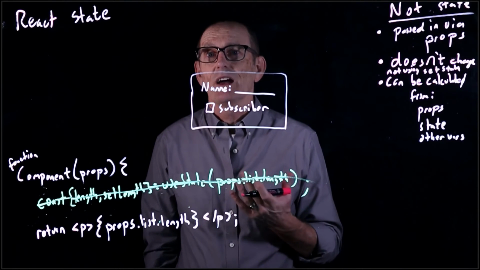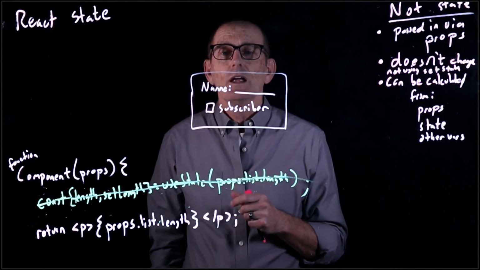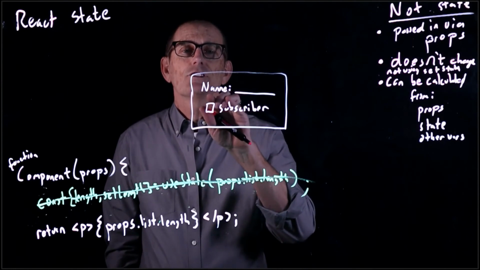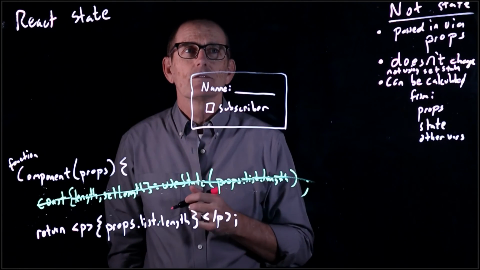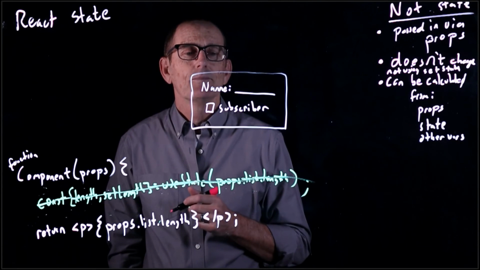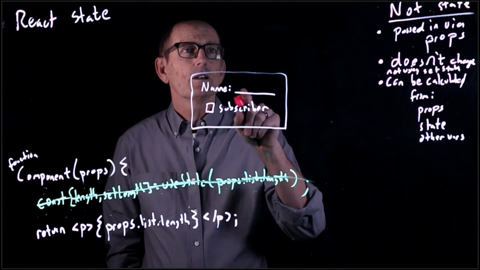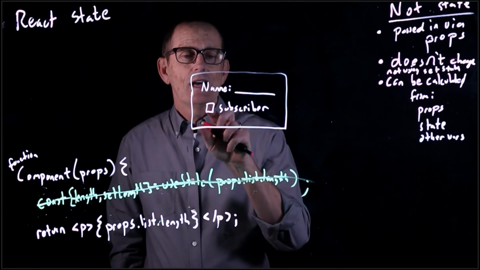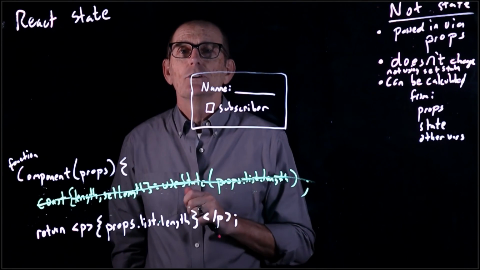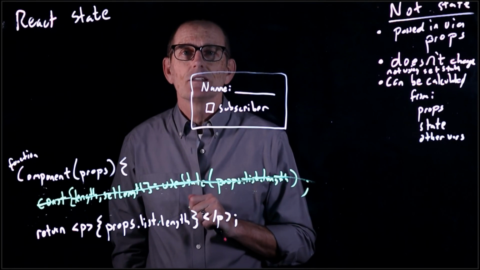Maybe their initial values are. Instead, they're filled out by the user. Basically, that's state information that should be kept. What is the name that the user's typed so far, and what is the current value of subscriber? And so as the user types in here and changes this input field, you would update the name with set name. As they check or uncheck subscriber, you would update the Boolean in set subscriber.